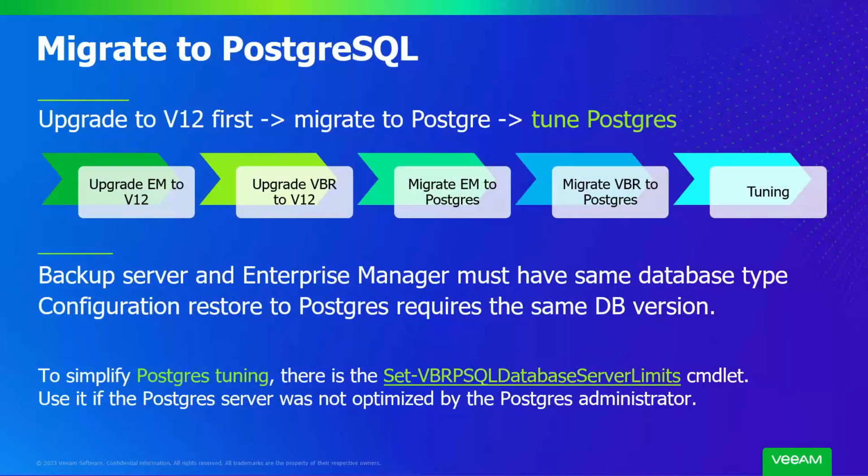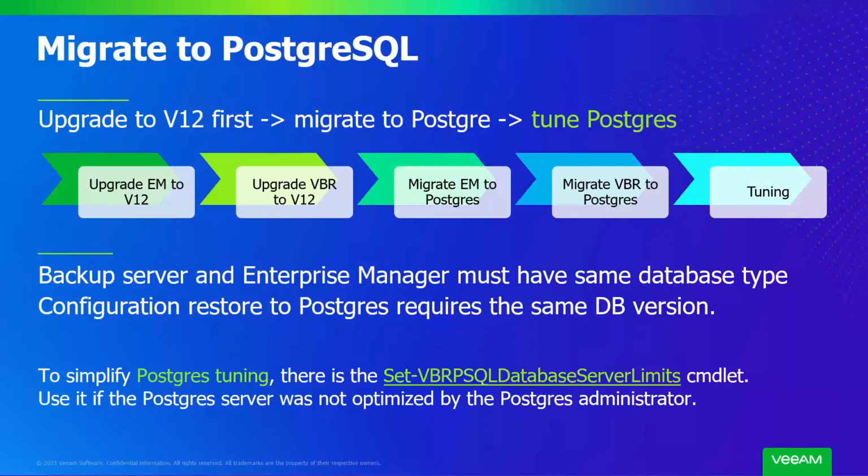So what is the actual path to migrate to PostgreSQL? As I mentioned, it's not part of the upgrade itself. First you upgrade VBR and Enterprise Manager, and then you can migrate to Postgre if needed. For VBR, it's actually part of the configuration backup and restore.